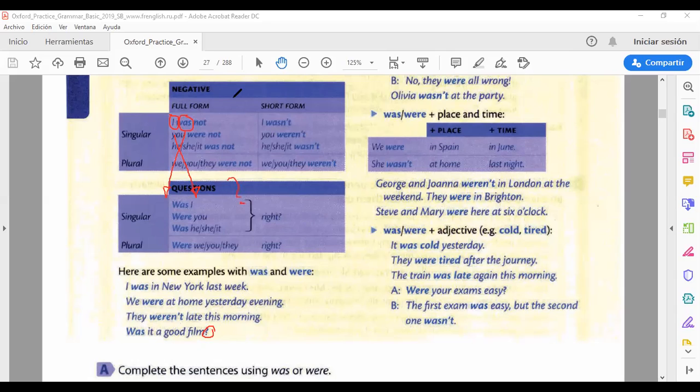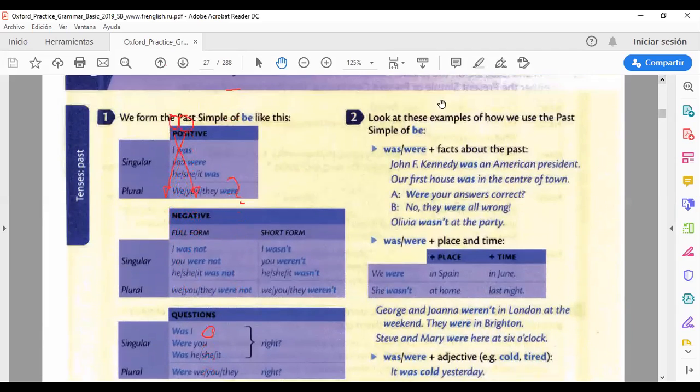Questions, negative, and if I go up a little bit, we have the positive form. So we have seen the three forms of this tense: positive, negative, and questions. Okay, now let me go back right here.